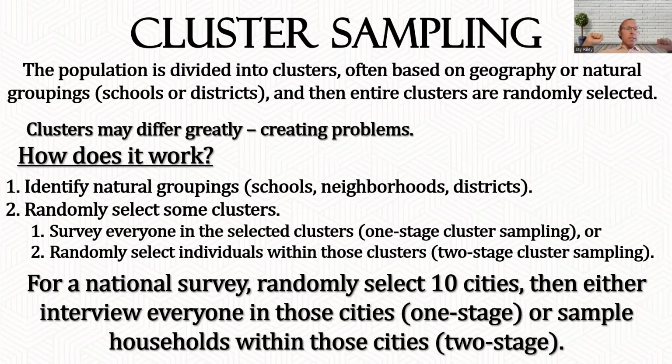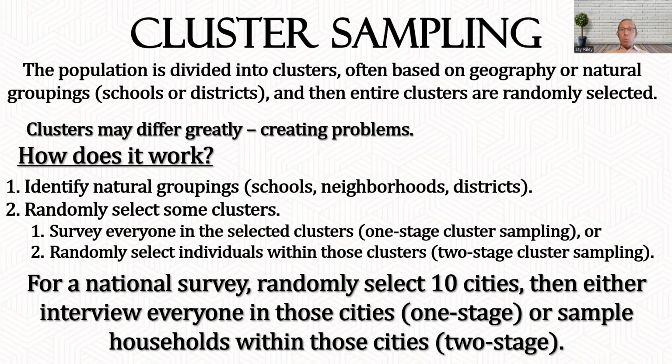You might be studying school districts in the state of New York. You might be studying Title I schools throughout the United States of America. So what you're going to do is break these into these groups. Then you're going to randomly select clusters. Now, you can do one of two things.